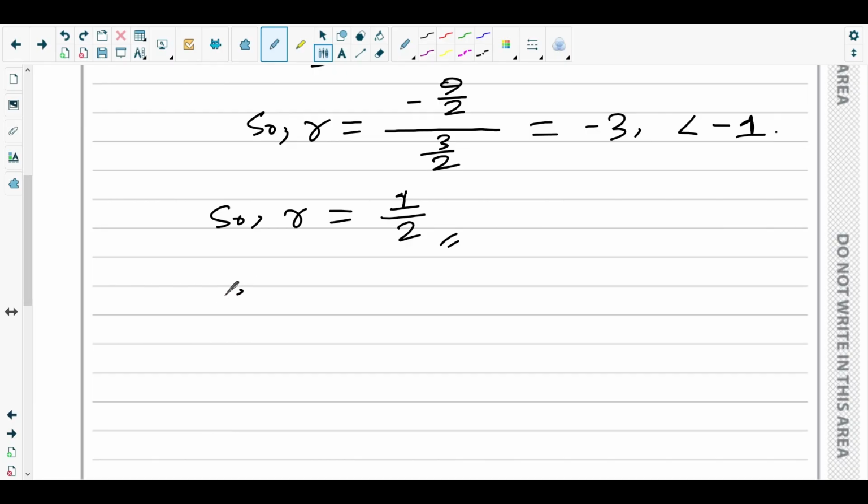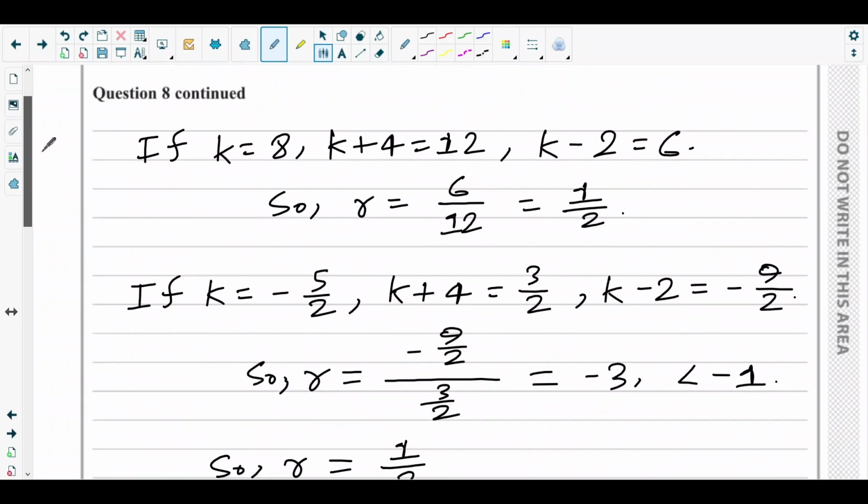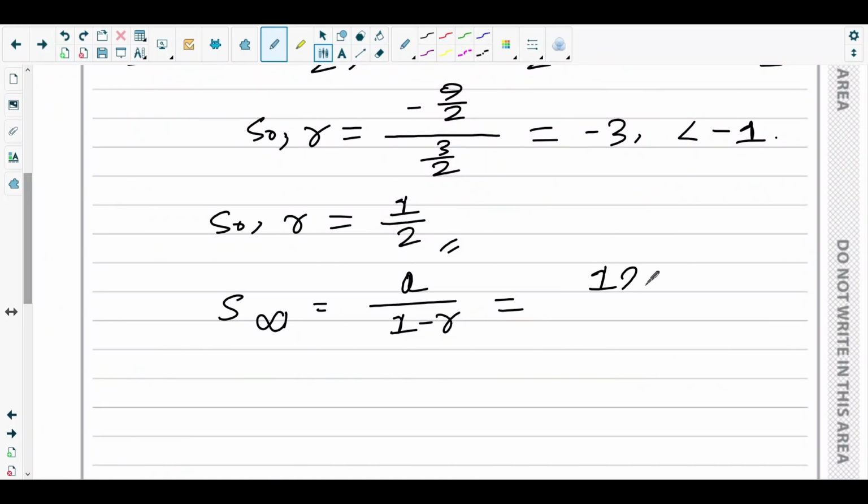Now find the sum up to infinity. The formula for the sum up to infinity is a over 1 minus r. When k equals 8, the first term is 12. So 12 over 1 minus half. 1 minus r is basically half.